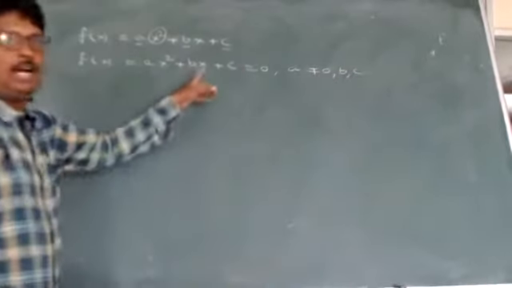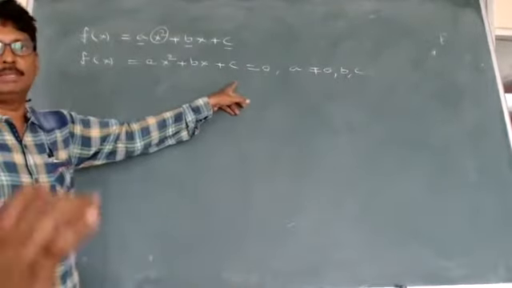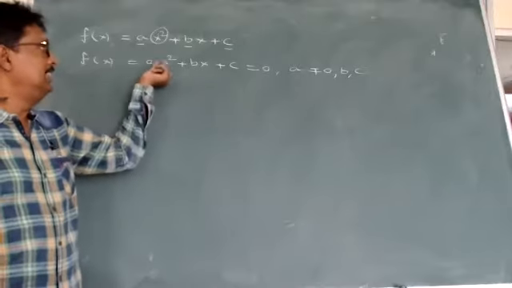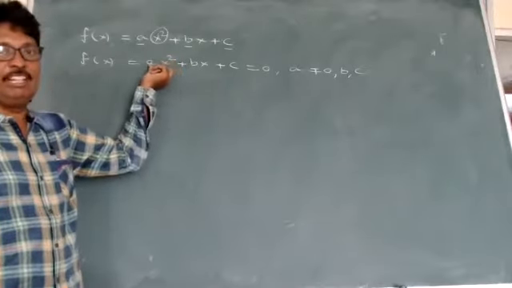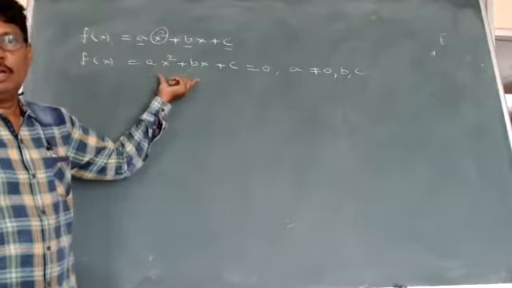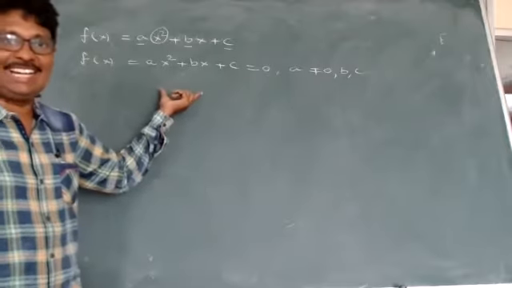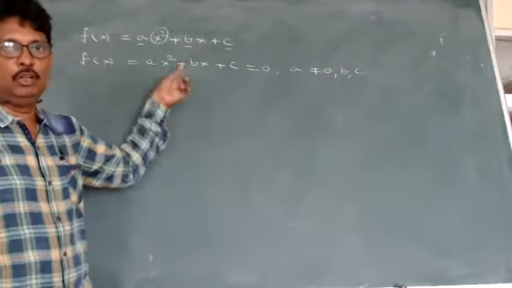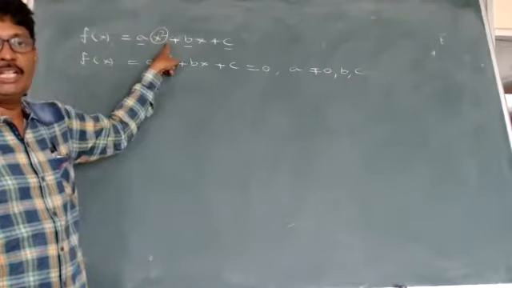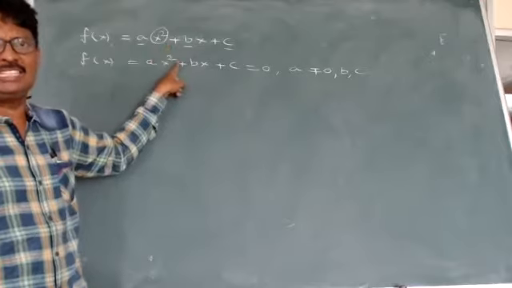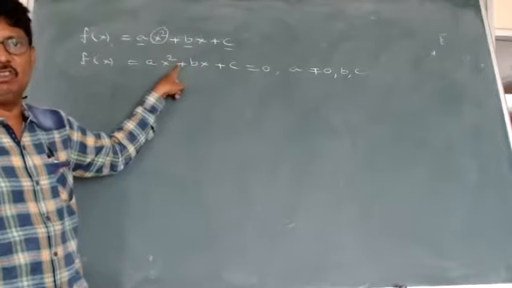It is called a second degree equation in x. Quadratic equation is called a second degree equation. So the first one is called quadratic expression and the second one is called quadratic equation.